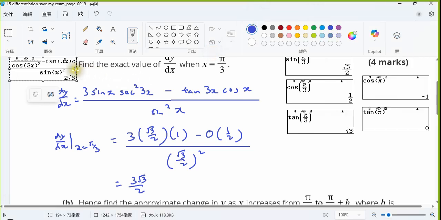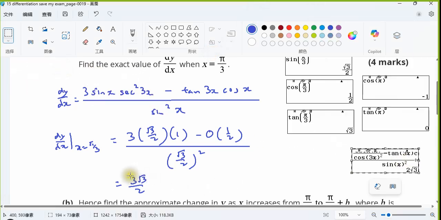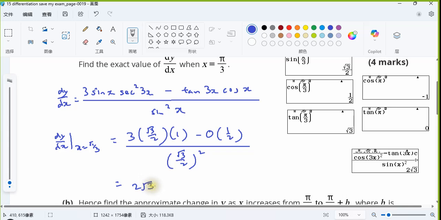Oh well, this is 2 square root 3. Tangent 3x, tangent pi is 0.